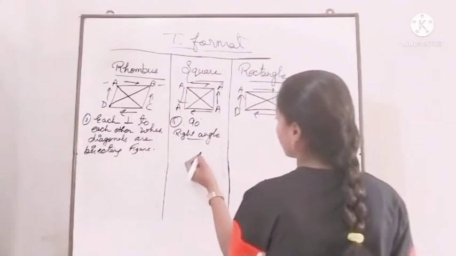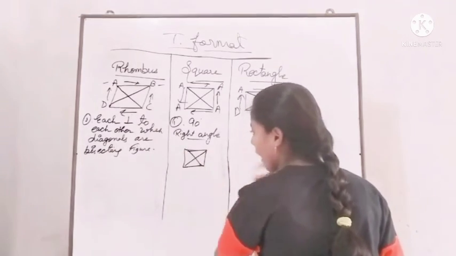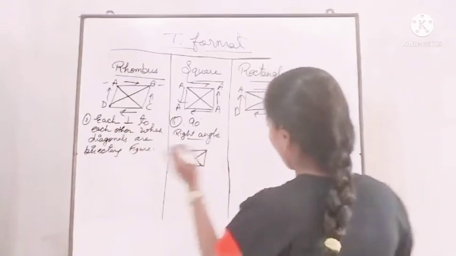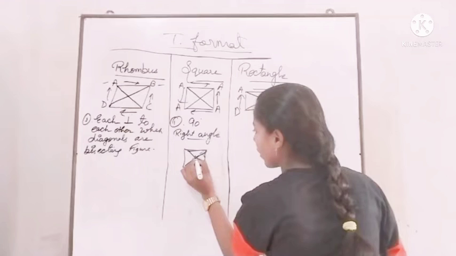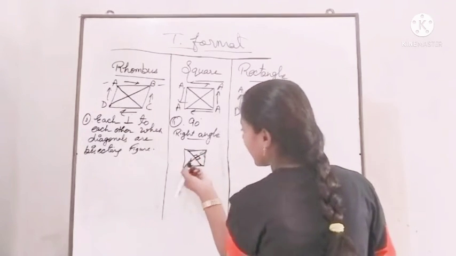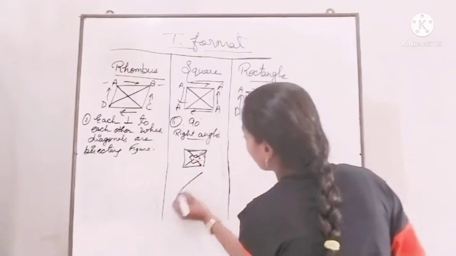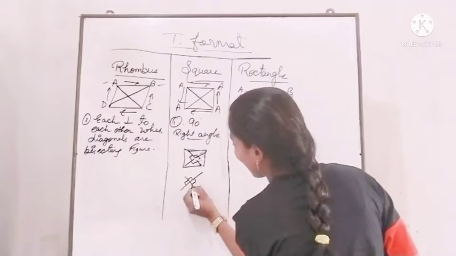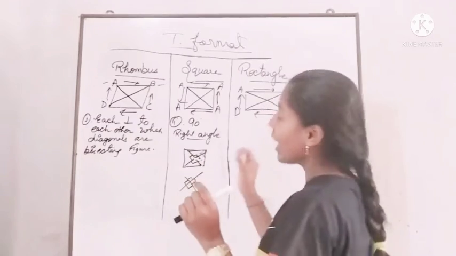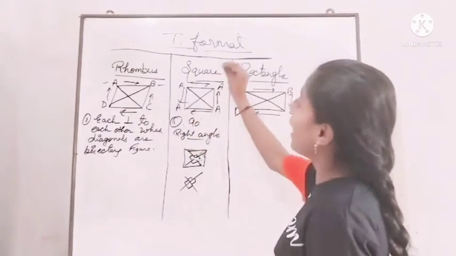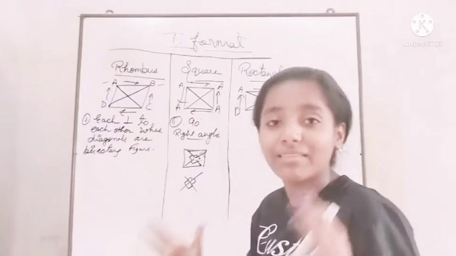How right angle? Let me show. We have the perfect square with perfect straight lines, and here we are getting 90 degrees, here also 90 degrees, here also 90 degrees, and here also 90 degrees. So when these lines cross and form 90 degrees, it means that when the diagonals of a square bisect each other, they give you a right angle, meaning 90 degrees.